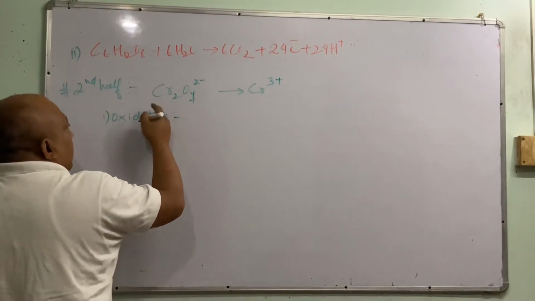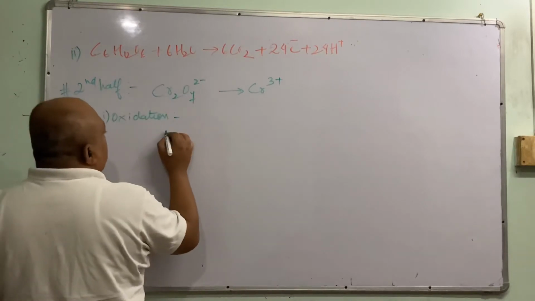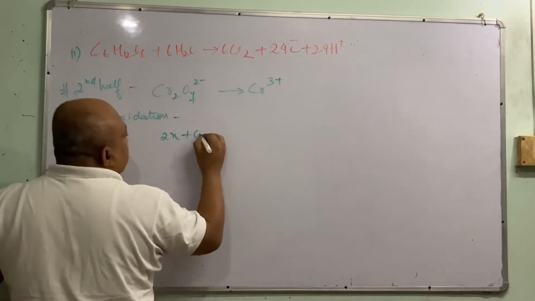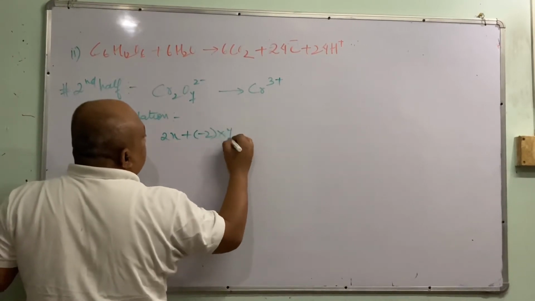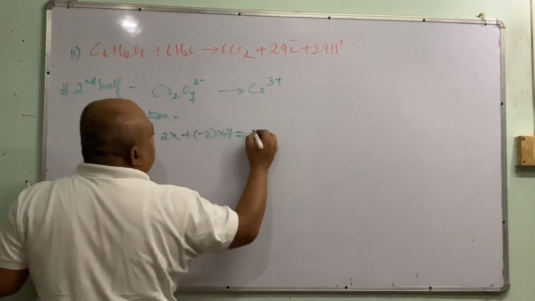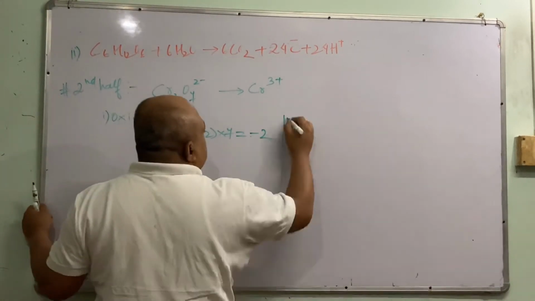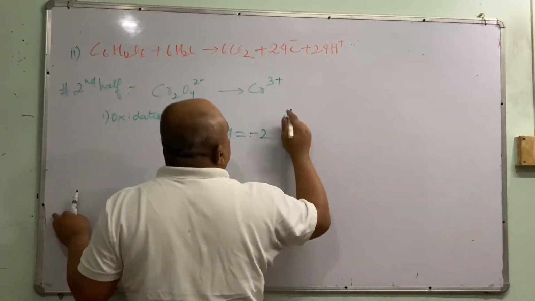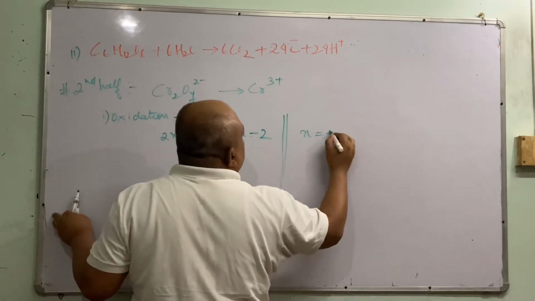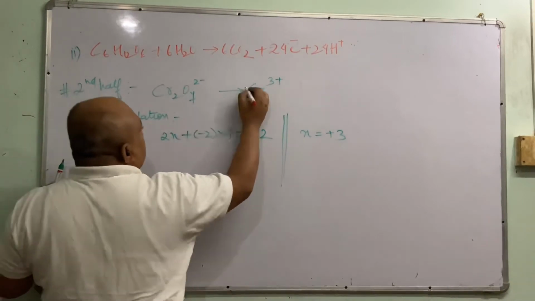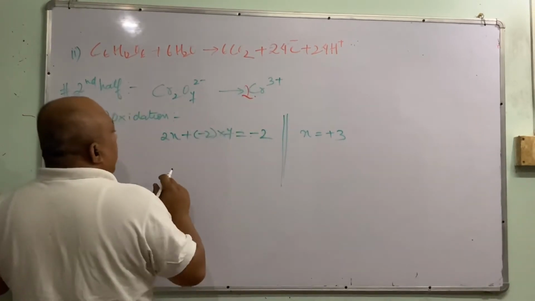So here chromium is X, twice X plus minus 2 into 7 equal to charge is 2 minus, so minus 2. On the other side, X is equal to plus 3. Now since this is 2, try to add 2 over here.